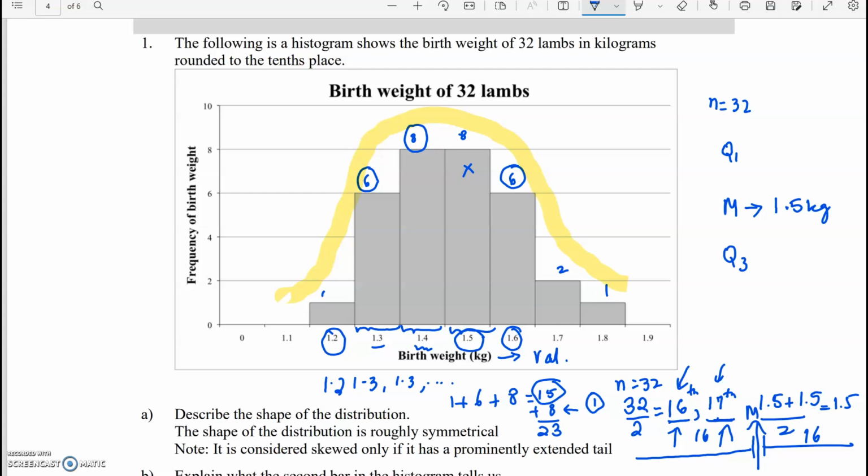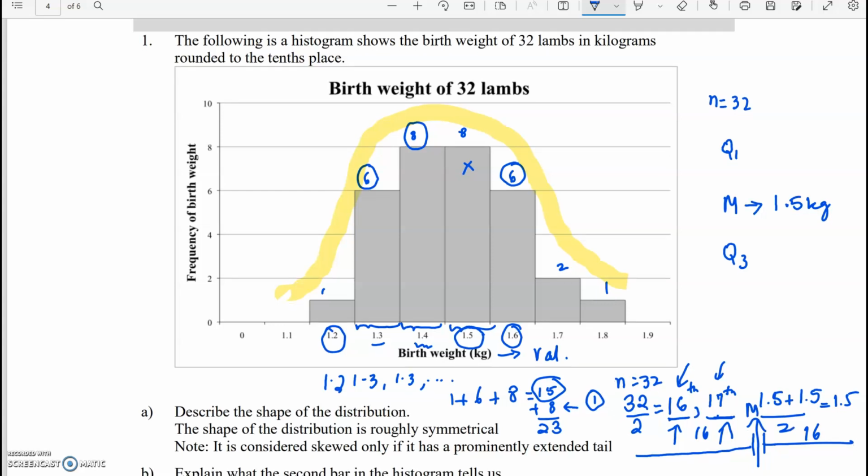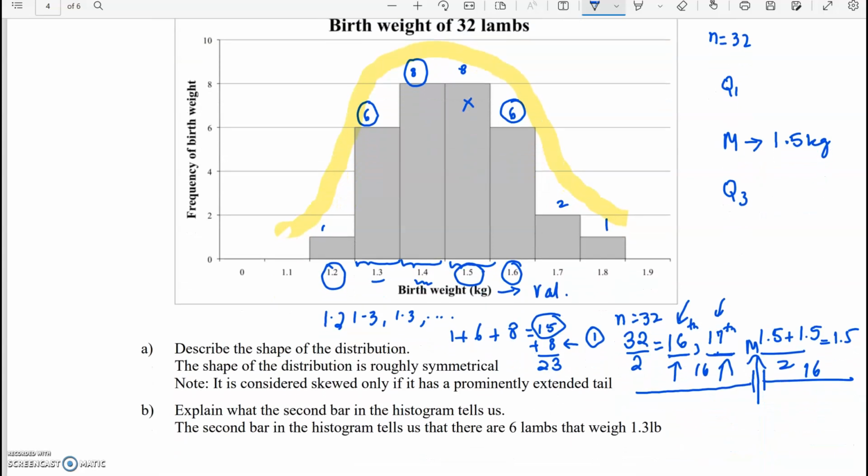Note that 16 is again an even number. So we need to figure out the 2 middle numbers of the left side. 16 divided by 2 is 8, so the 8th number and the 9th number are the two middle numbers.